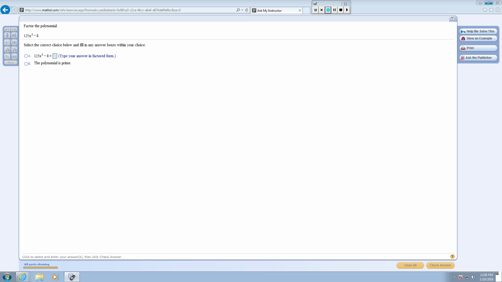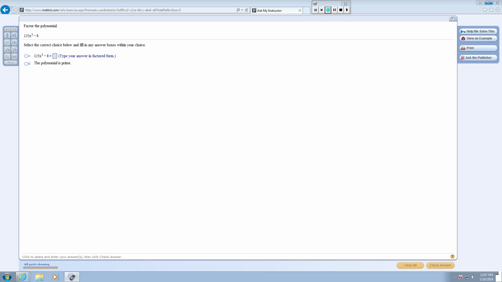So 125x cubed minus 8 looks like a cubed minus b cubed, which is equal to (a minus b) times (a squared plus ab plus b squared). And draw a little cube here, like a cubed here and b cubed here.